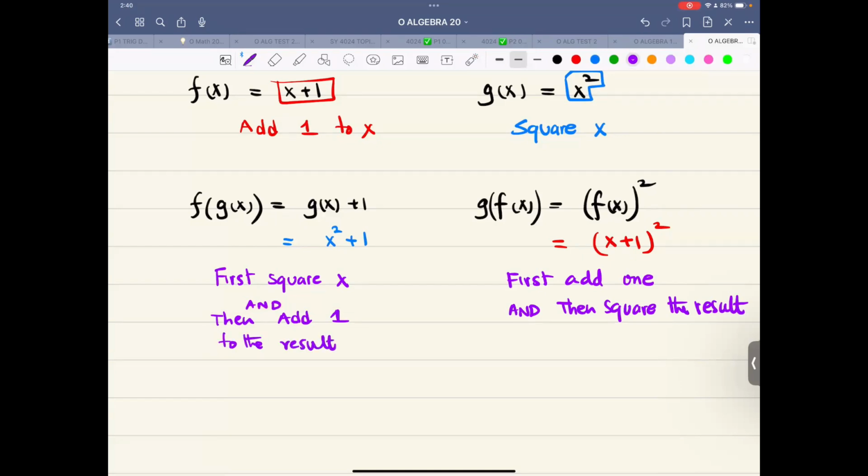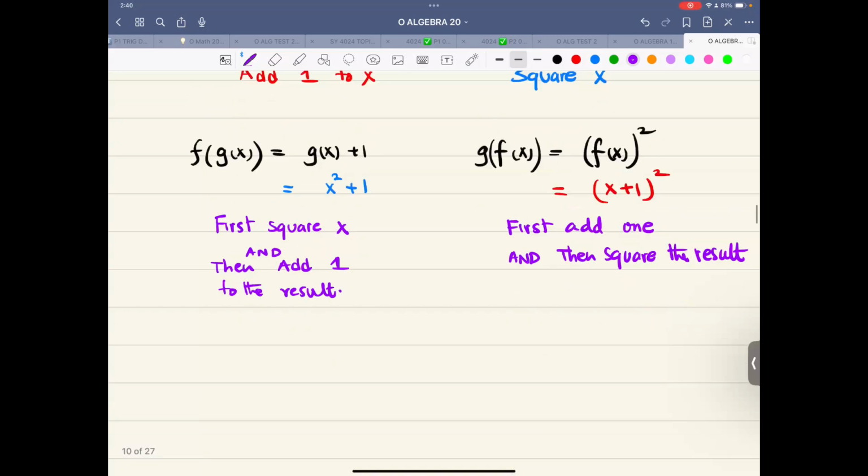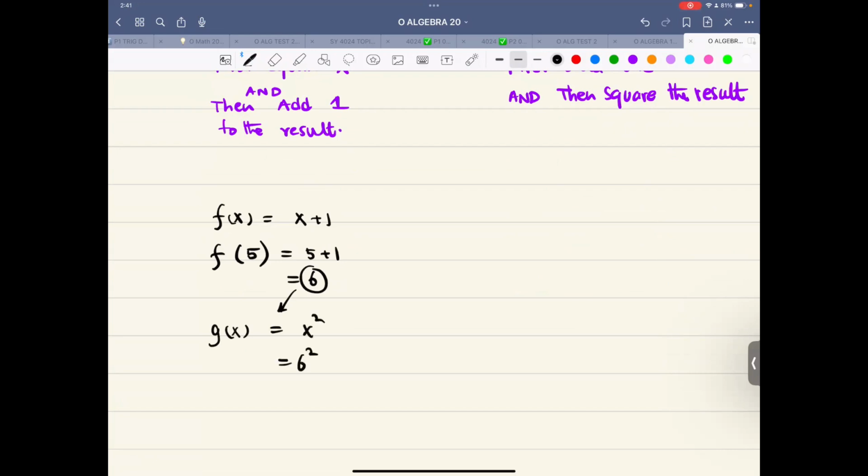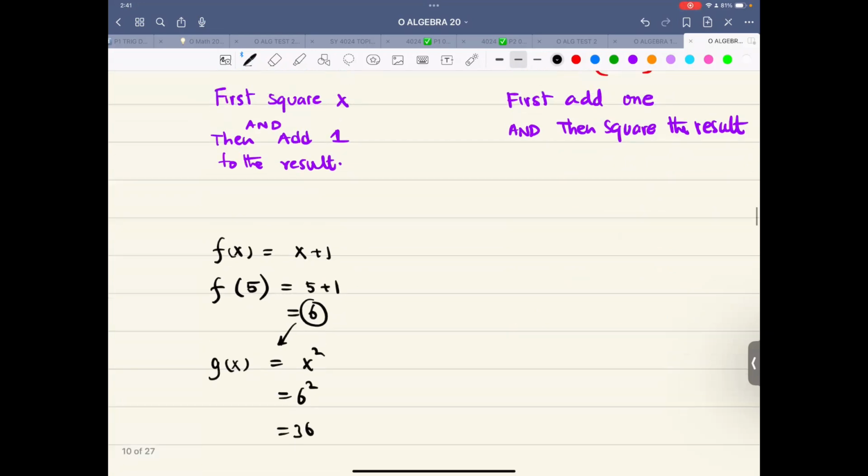Now, let's do one thing. I have f(x) as x plus 1. Let me plug in a value of 5. So that is 5 plus 1, which comes out to be 6. Now let me take this value and plug it in g(x). g(x) is x squared, therefore 6 squared, which is 36.